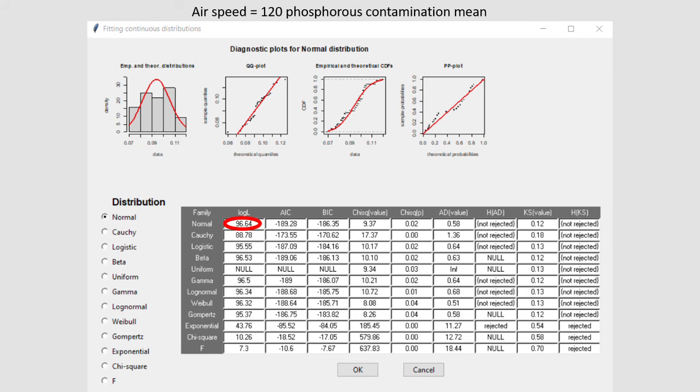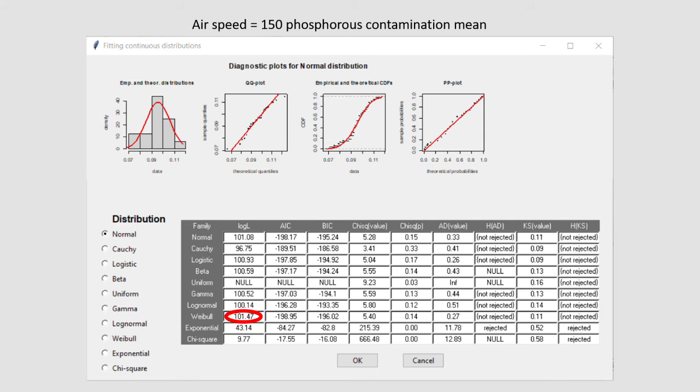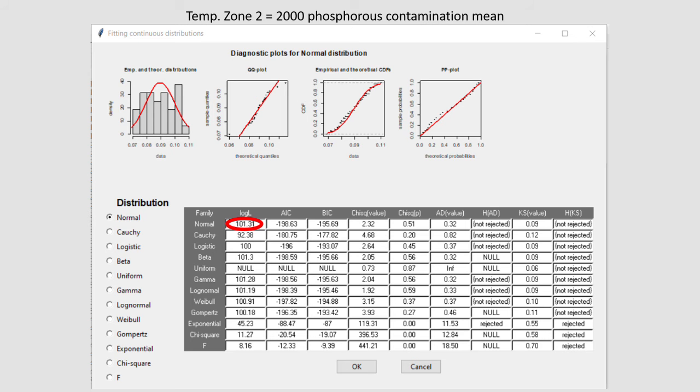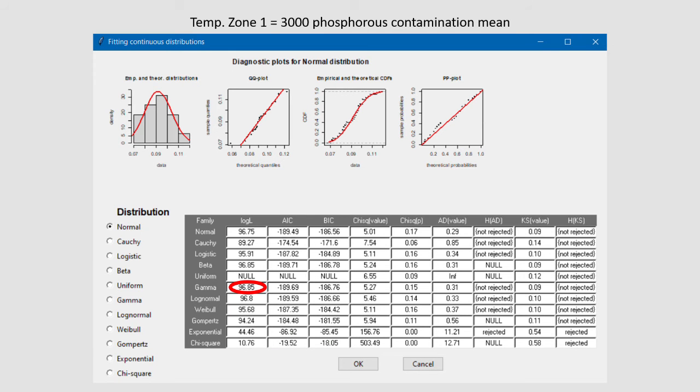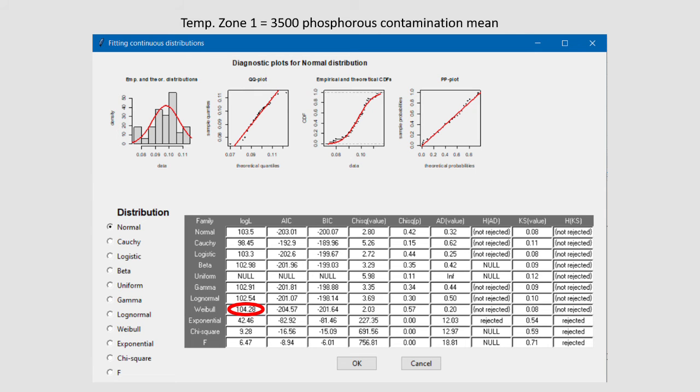Air speed gives us normal and Weibull distribution. Temperature of zone 2 gives us normal and Weibull distribution. And temperature of zone 1 gives us a gamma and a Weibull distribution.